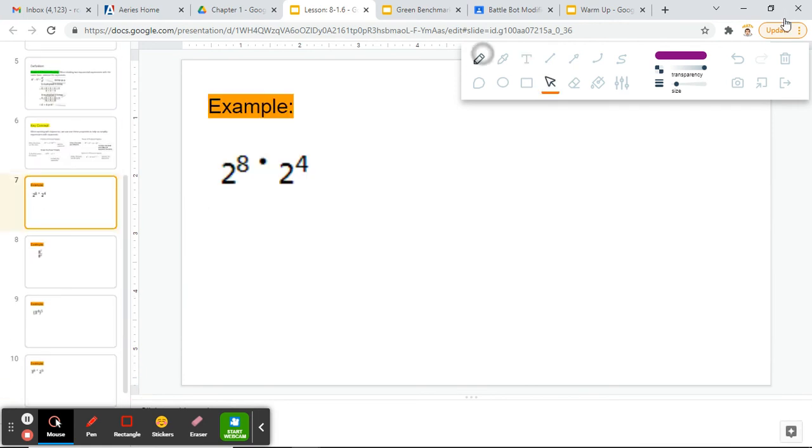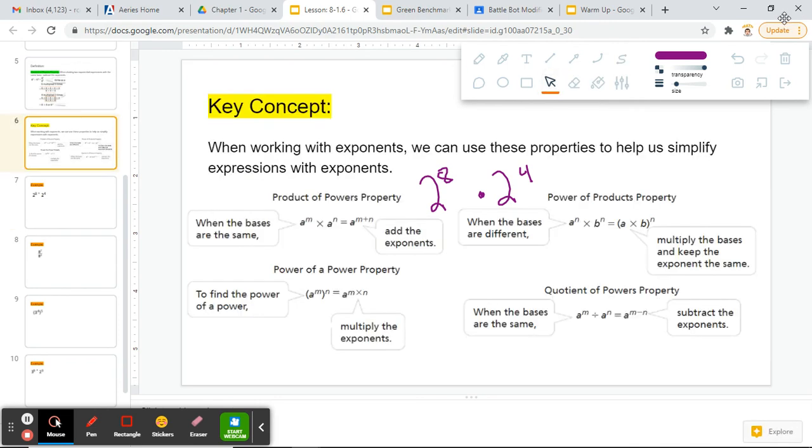Okay, so let's start with an example here. We have 2 to the 8th times 2 to the 4th. So we have to ask ourselves, what property should we be using? Is this the product of powers or is this a power of products? Let's double check back here. So we have same bases and different exponents, right? So that tells me that we're going to be using the product of powers property, this one right here.